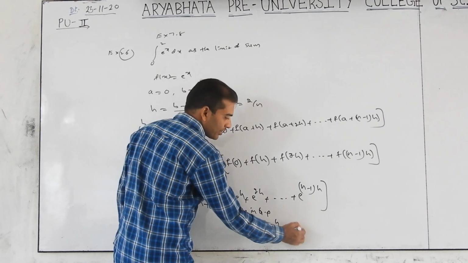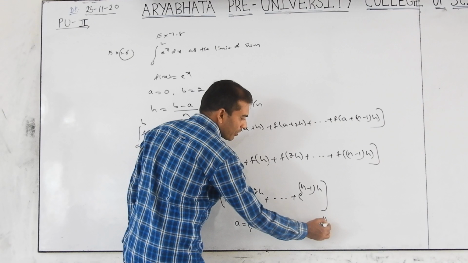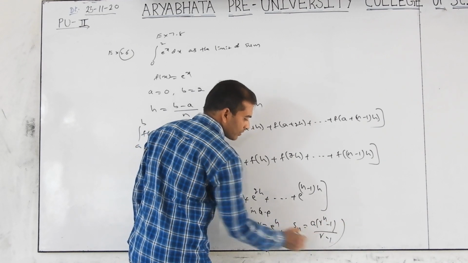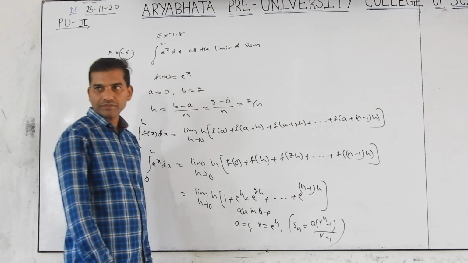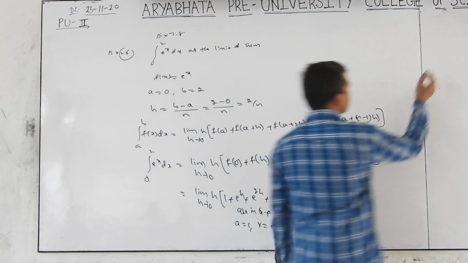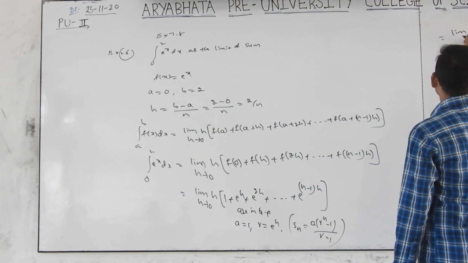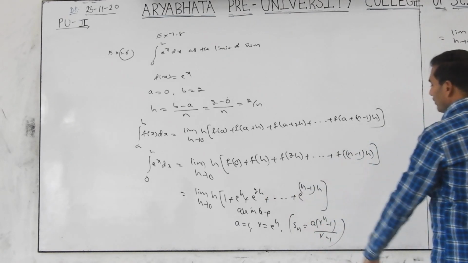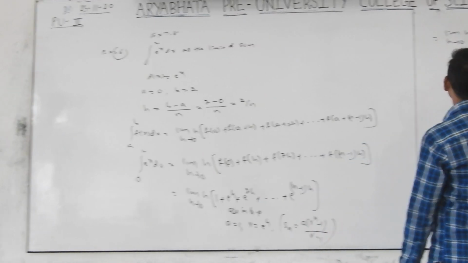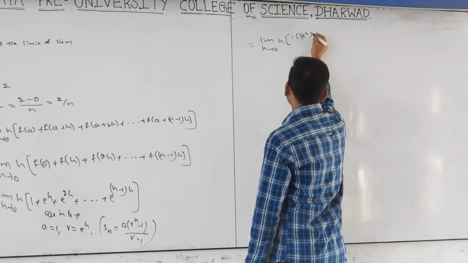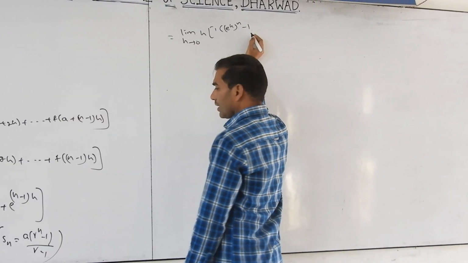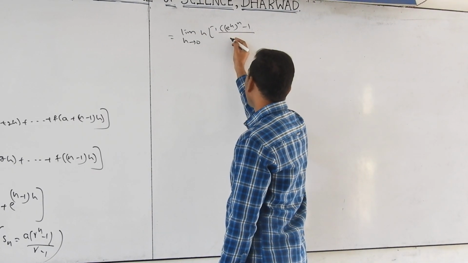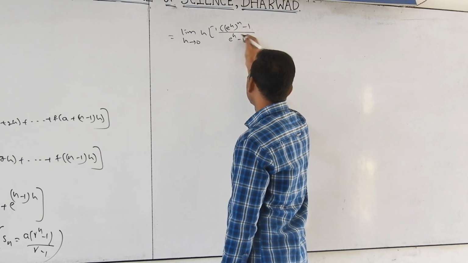Formula: S n equals a into r power n minus 1 by r minus 1, where r is greater than 1. Limit h tends to 0, h into, this is our GP. Using the formula, 1 into e raised to h whole raised to n minus 1 by r minus 1, e raised to h minus 1.